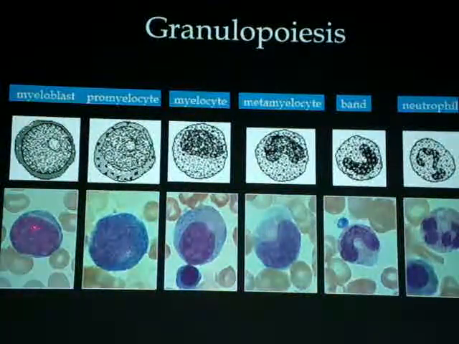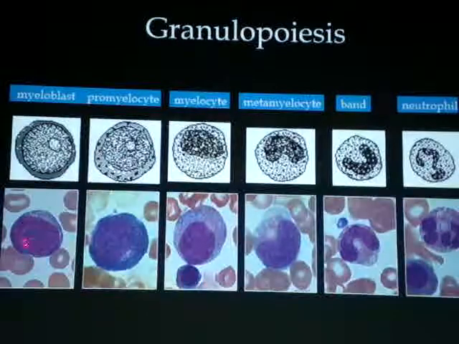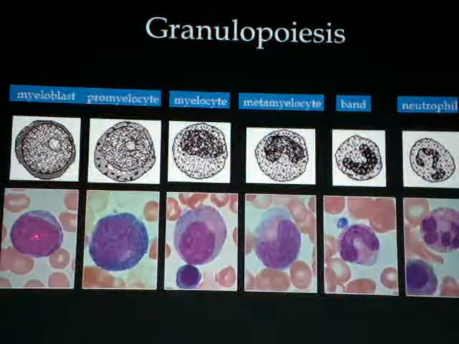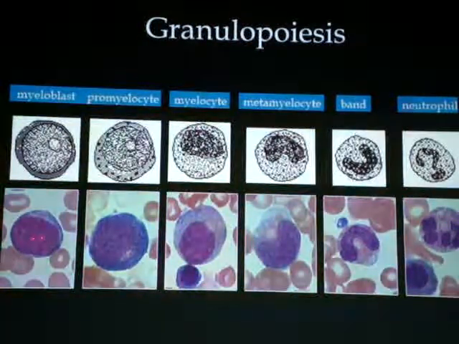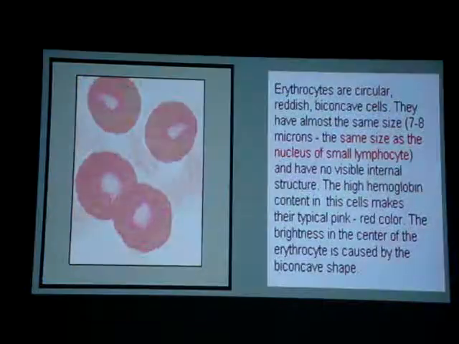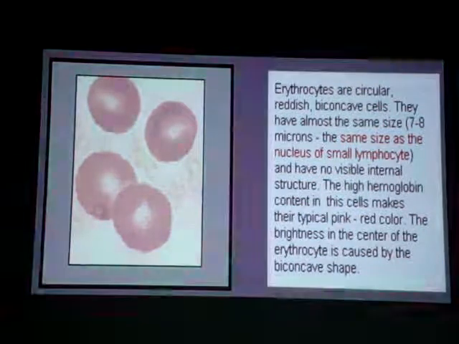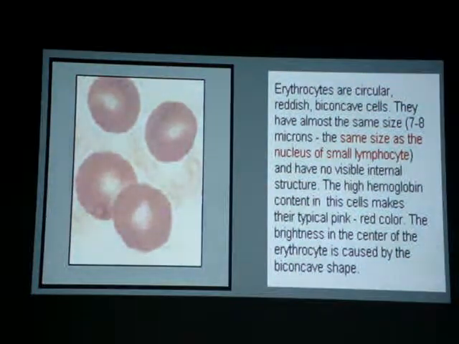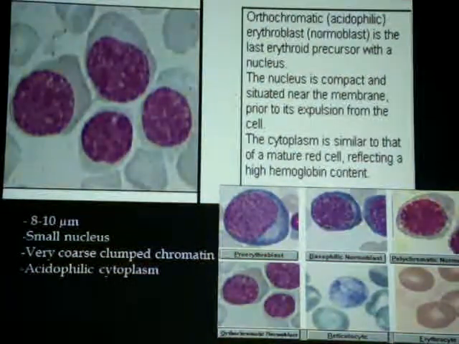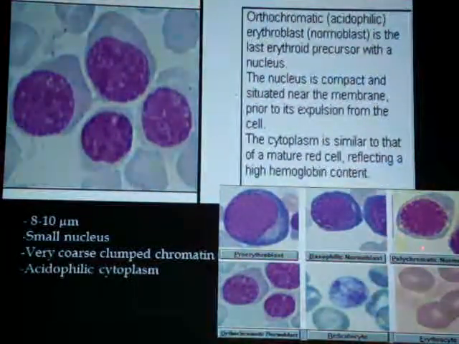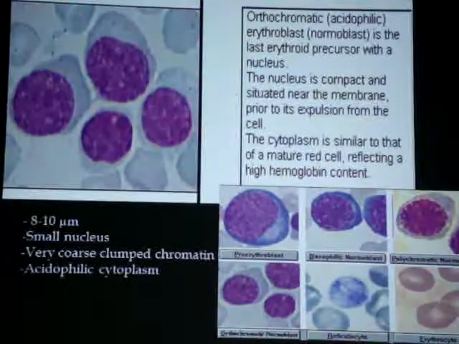Notice the color of the nucleus of that cell, and then compare the characteristic appearance of its nucleus with the characteristics of the nucleus of the cells belonging to the erythroid series.